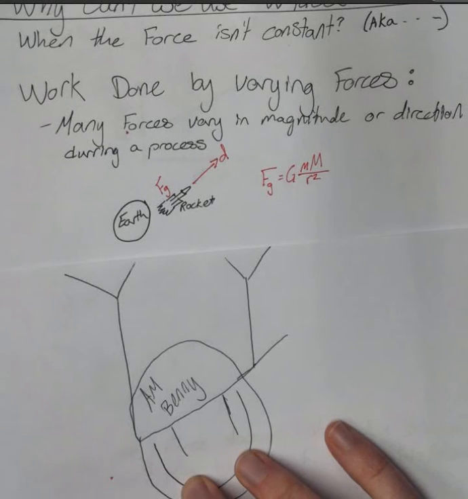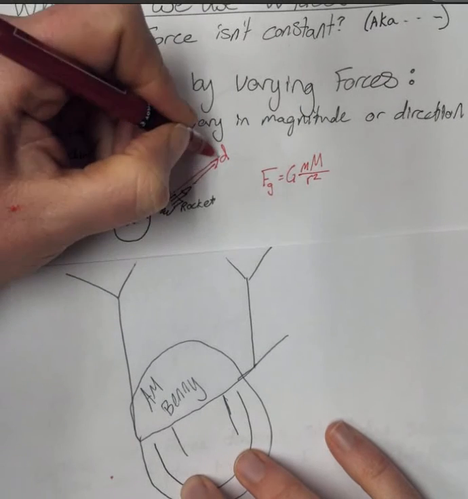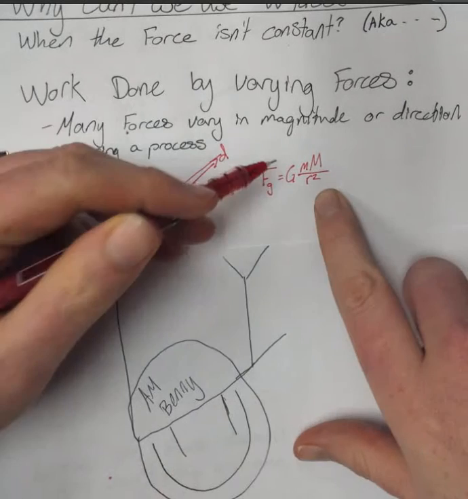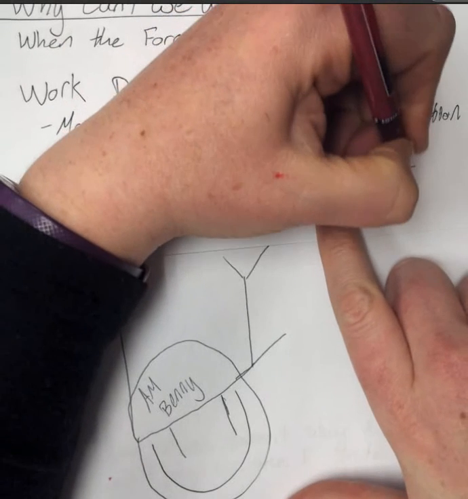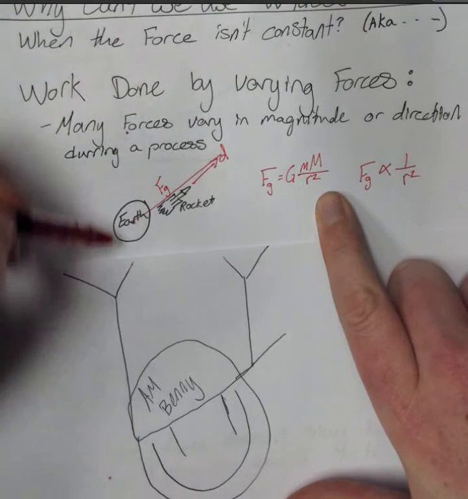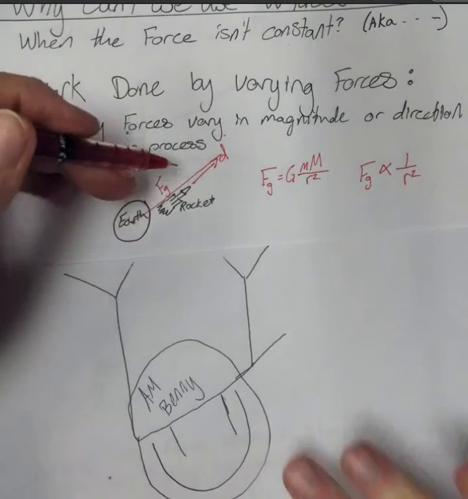Well, we know that as this object travels this distance, the radius is going to get larger, and our force of gravity is inversely proportional to the radius squared, which means that the further away this rocket gets, the weaker the force is going to become.